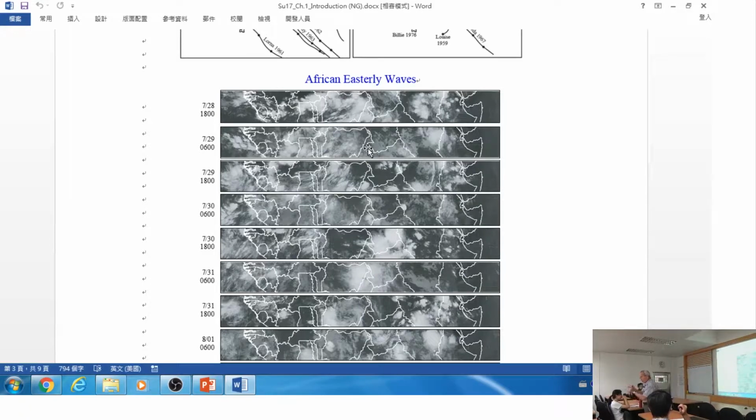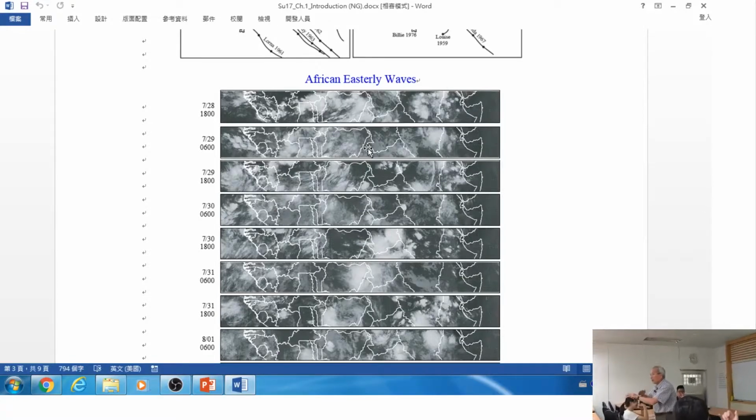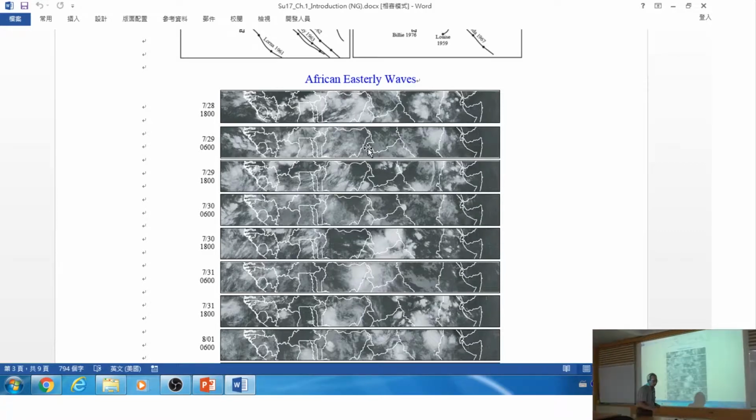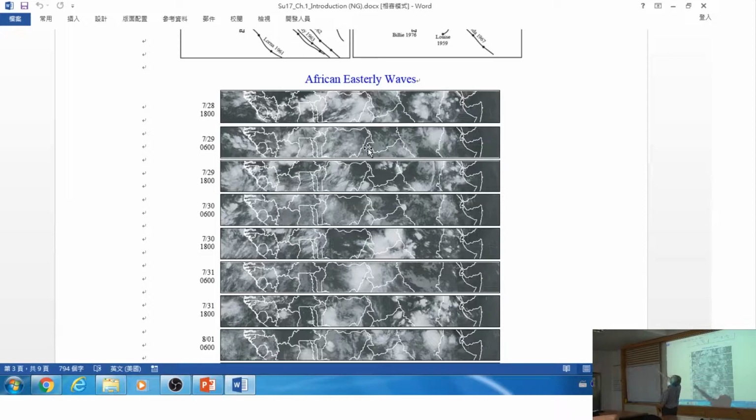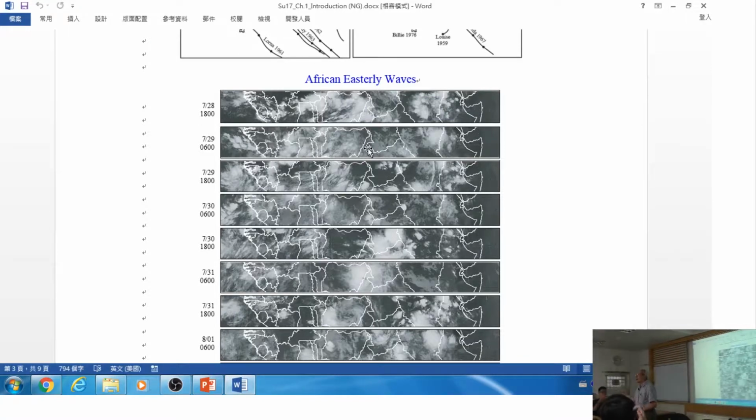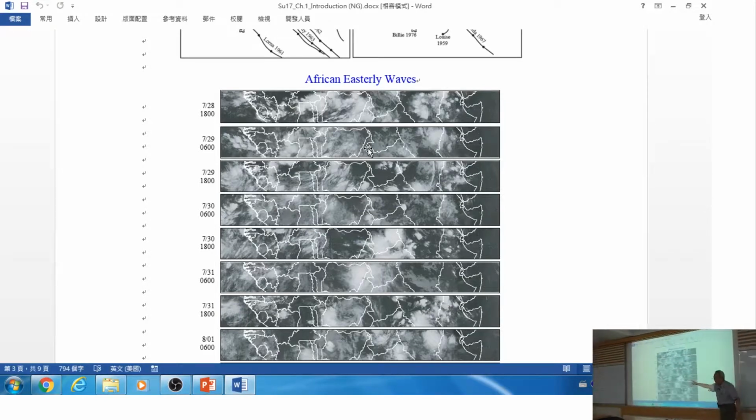Anyway, the mountain is very high, 4.6 kilometers.